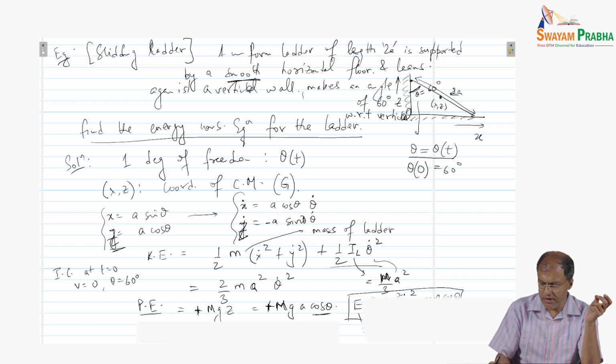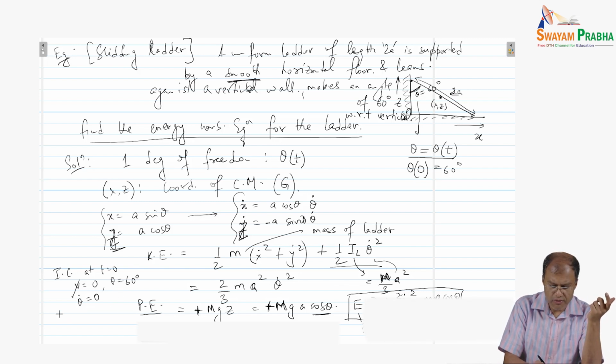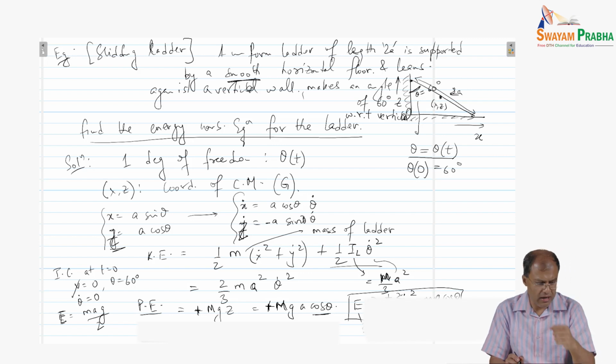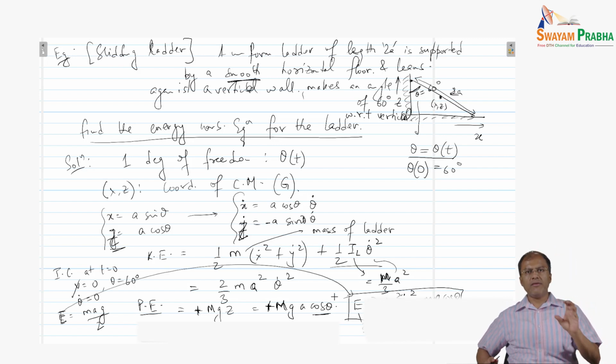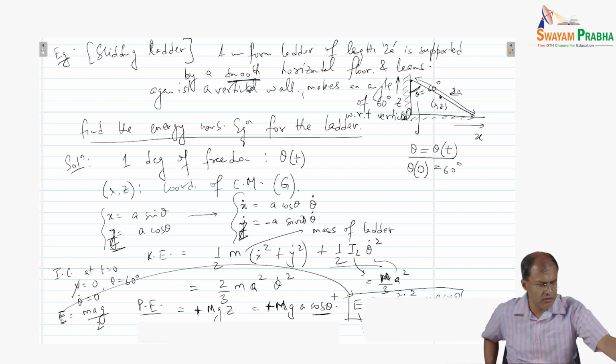So we can plug everything. When v is 0, theta dot is 0 and cos theta, with theta 60 degrees, is half. So the total energy of the system is mga by 2, because cos theta is half, and that is what we plug in here, and that will bring us the energy conservation of the setup.